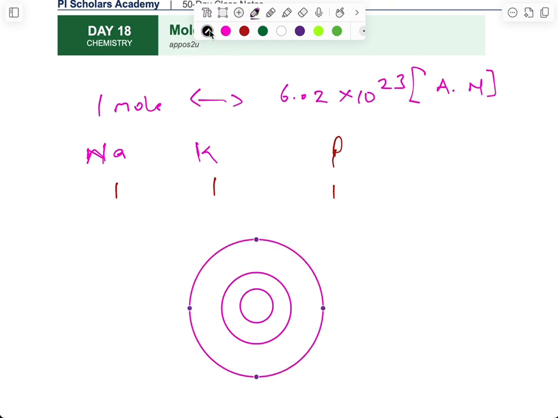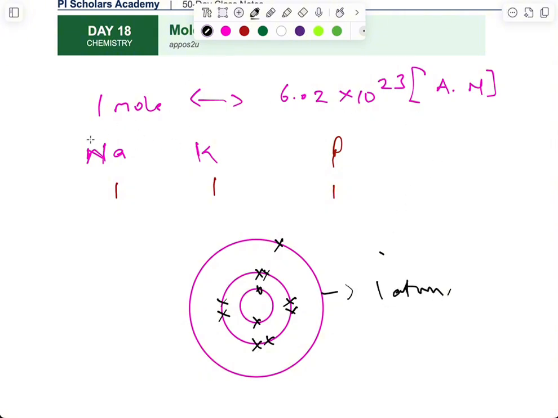From the inside, you have 2 electrons here, 1, 2. You have 8 electrons here, 1, 2, 3, 4, 5, 6, 7, 8. And that's 10. So now the 1 electron is going to be here. This is just 1 atom.